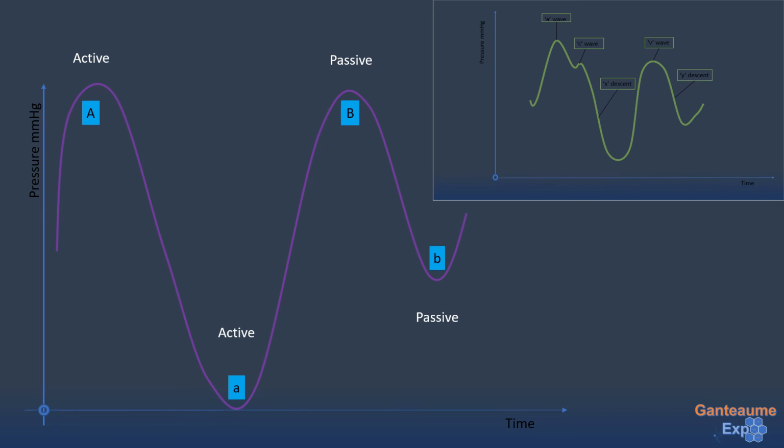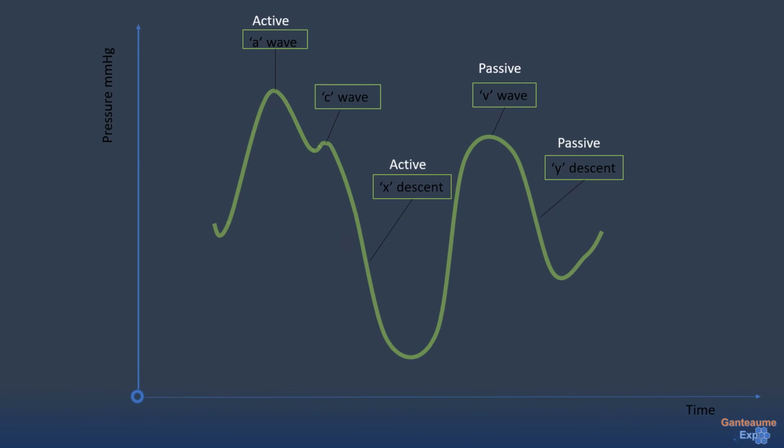Let's quickly summarize. There are two peaks and two troughs. Peaks are atrial in nature, except for the C wave, and troughs are ventricular in nature. The pattern is that there's an active peak, an active trough, a passive peak, a passive trough, and then it repeats.